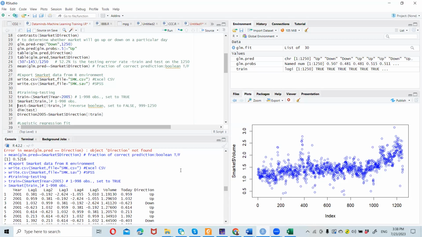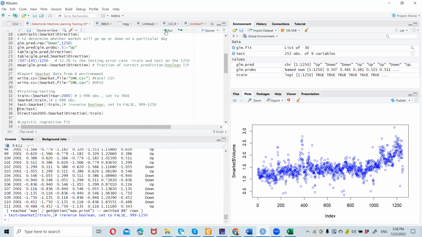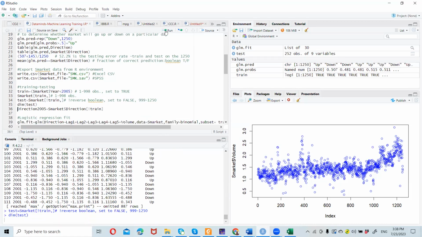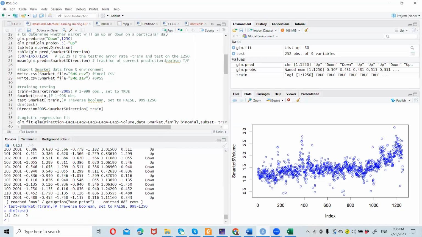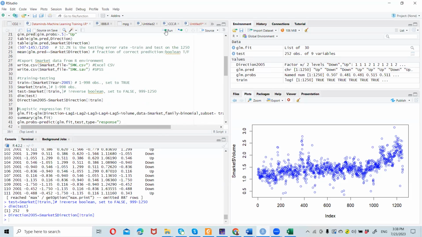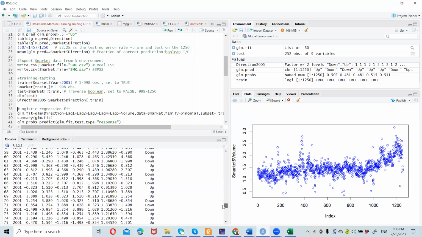Then the next line, line 33, is a replica of line 32. Line 35 is the dimension. Have you run line 33? Yes, market train is here.